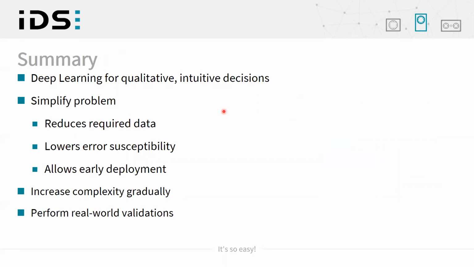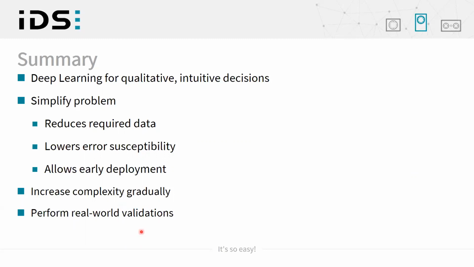It's always helpful to simplify the problem first down to a minimum. So don't classify all error classes at once, but probably start with okay, not okay. So that helps you reduce the required data, lowers the error susceptibility, and gets you to your first real-world test setup as quickly as possible. And at that point, you learn a lot more and you can increase the complexity gradually.